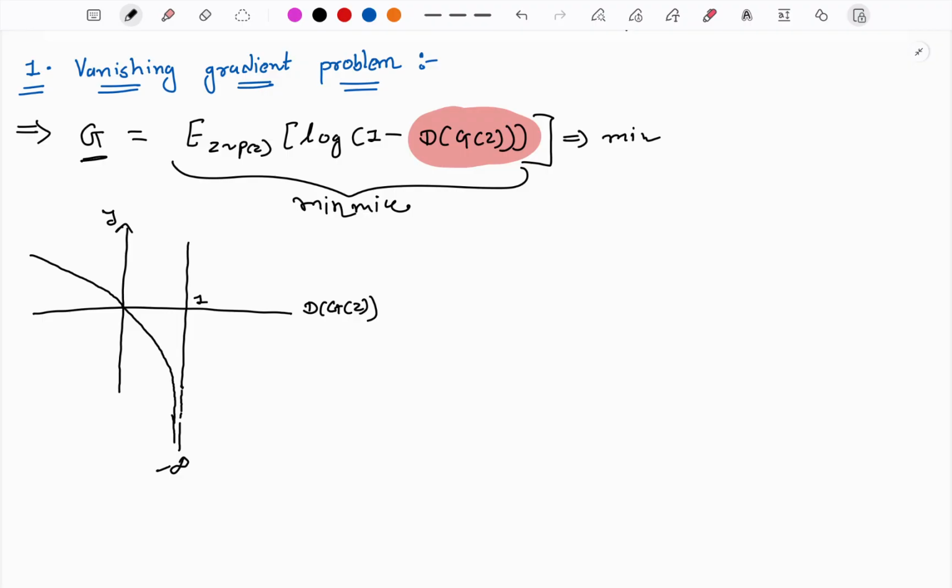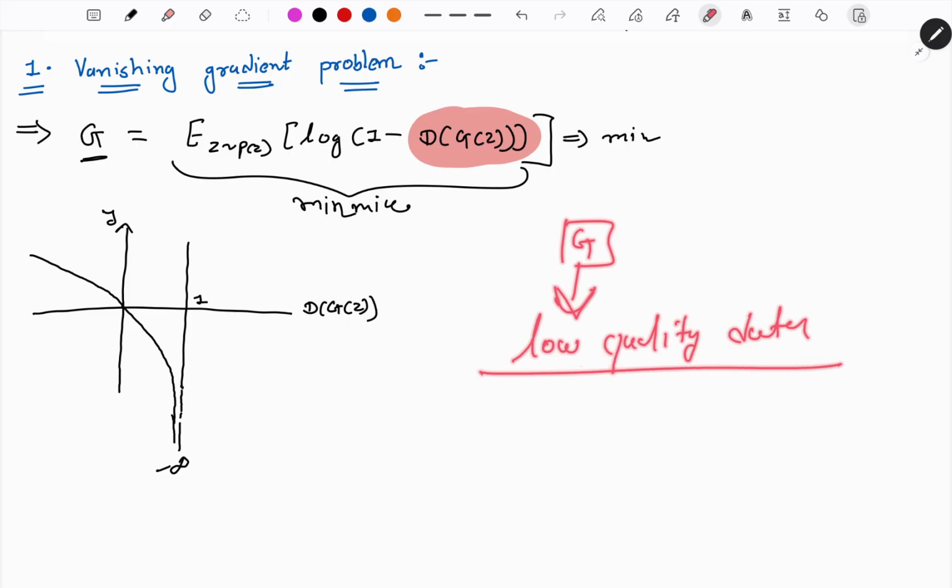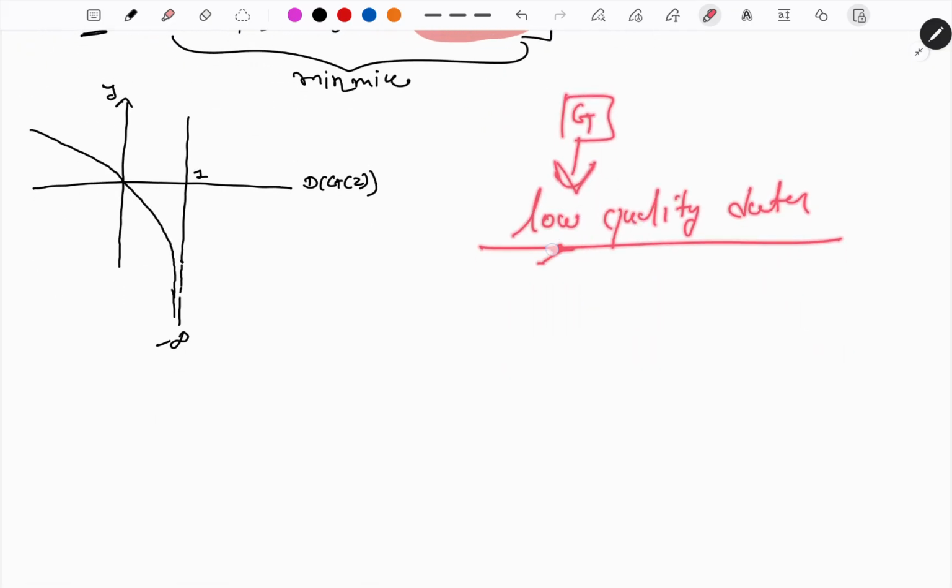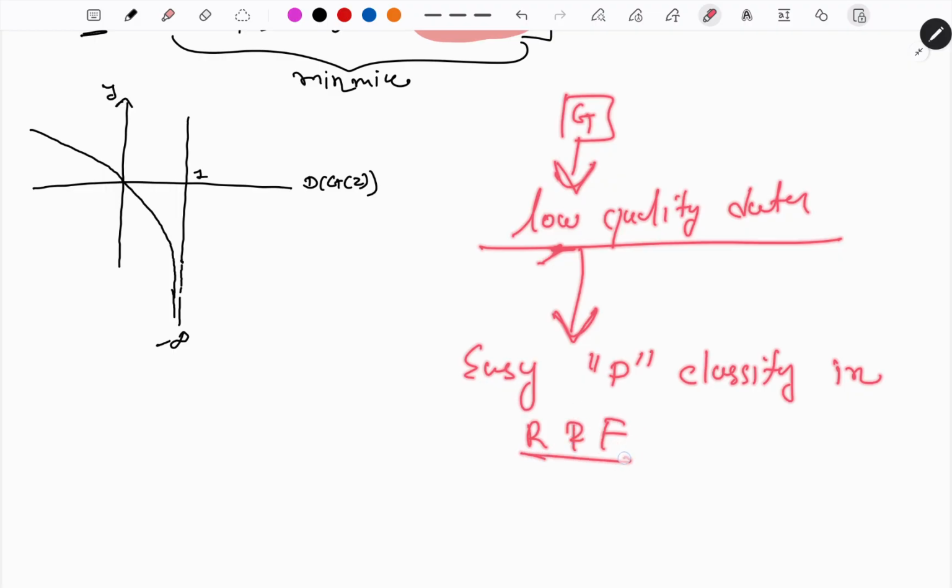But what happens here is, at the initial stage, the generator is generating very low quality data. So it is easier for the discriminator to classify it as real or fake. Initially, the data generated by the generator is very low quality, meaning it does not look realistic.